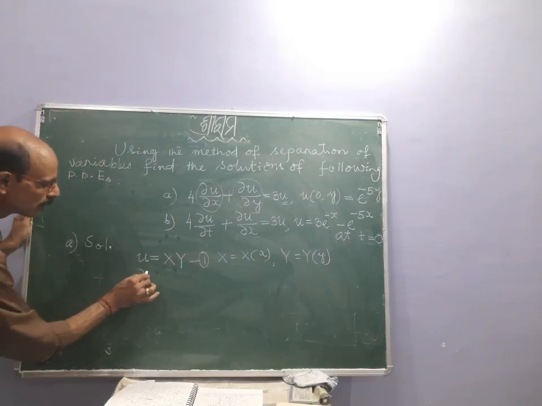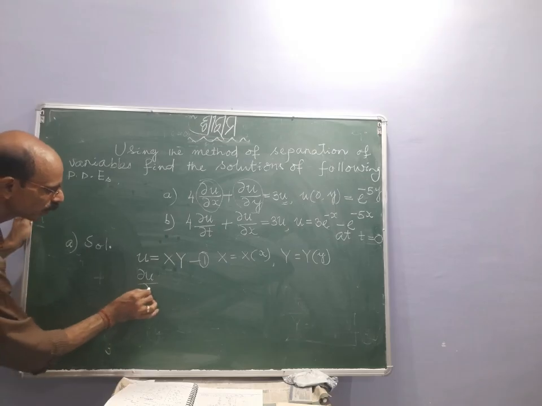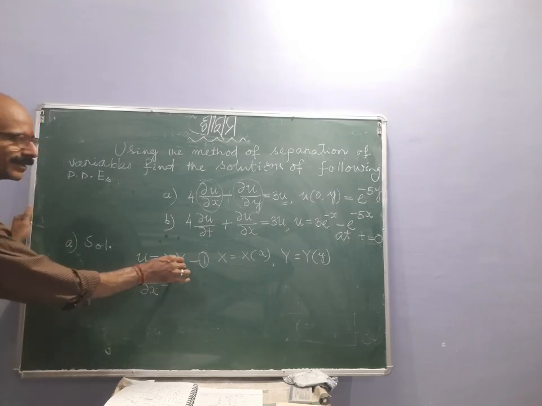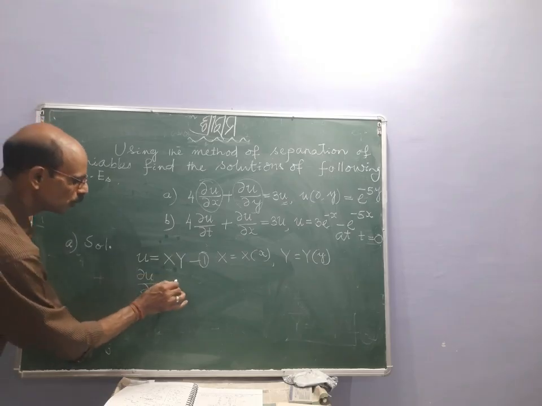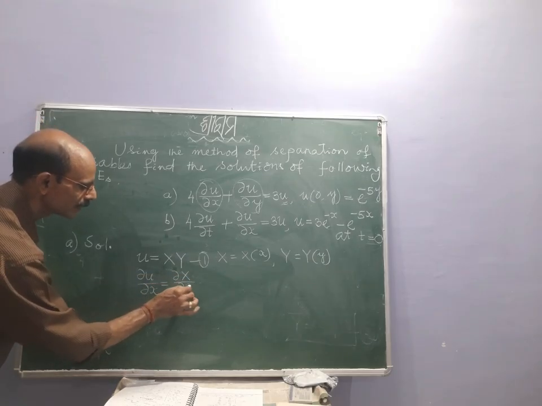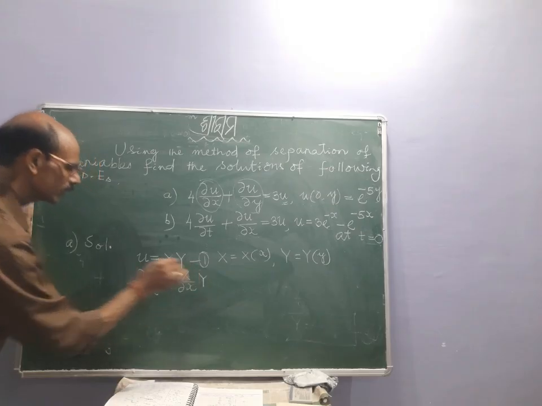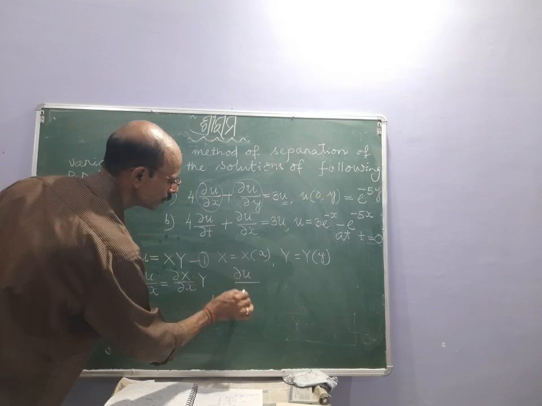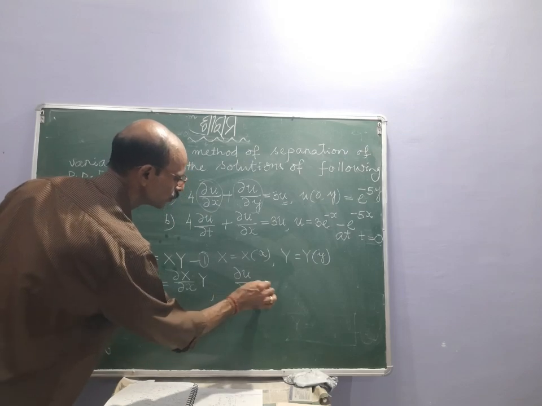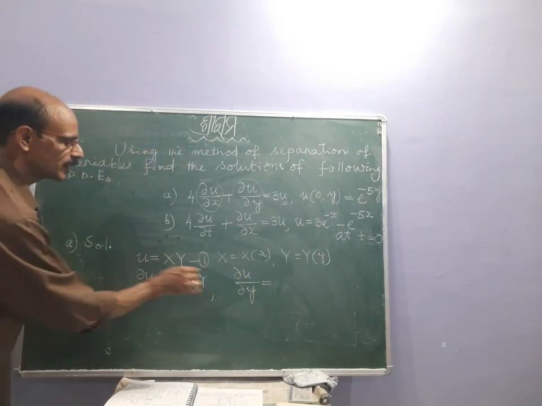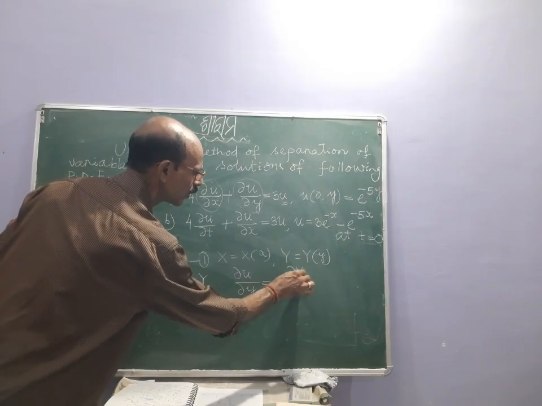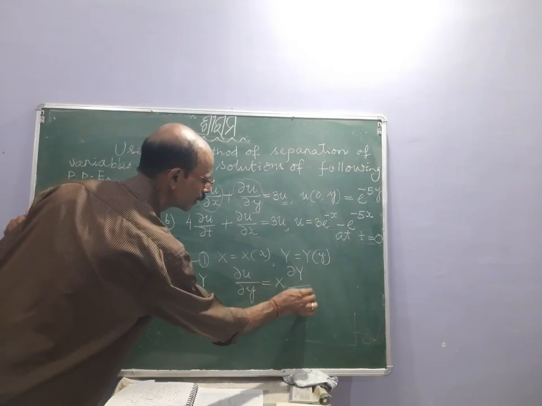From this, find del u by del x. Here Y is constant because it is independent of x. So we can write del capital X by del small x times capital Y, and del u by del y is equal to, here X is independent of y, so X remains constant, times del Y by del small y.